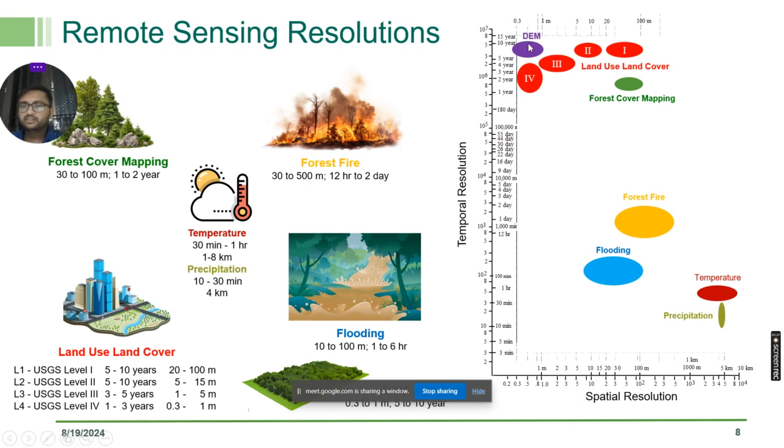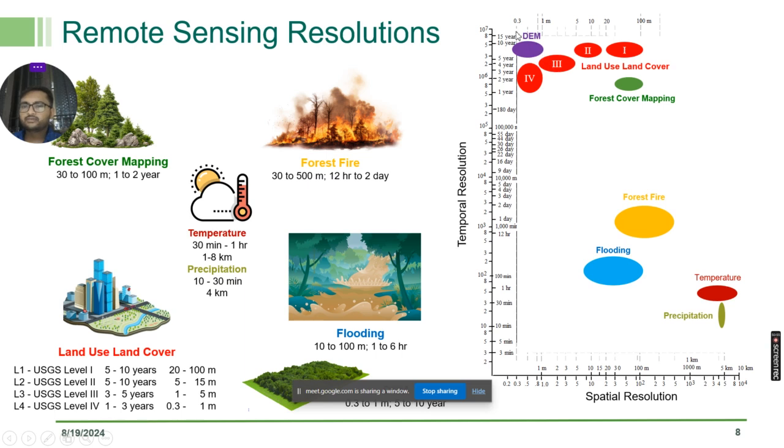Now on the right-hand side you can see the different applications, like land use land cover. If our details are becoming finer, we have to increase our spatial resolution as well as our temporal resolution. You can see here, for forest cover mapping we can go from 30 to 100 meters, and the time will be 1 year.